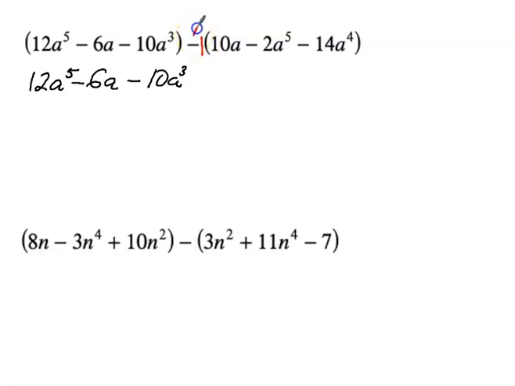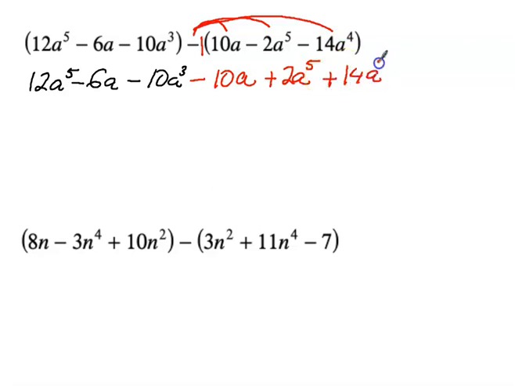So we have negative 1 times 10a, which would be negative 10a. We have negative 1 times negative 2a to the fifth power, which is positive 2a to the fifth power. And then we have negative 1 times negative 14a to the fourth power, which is positive 14a to the fourth power.